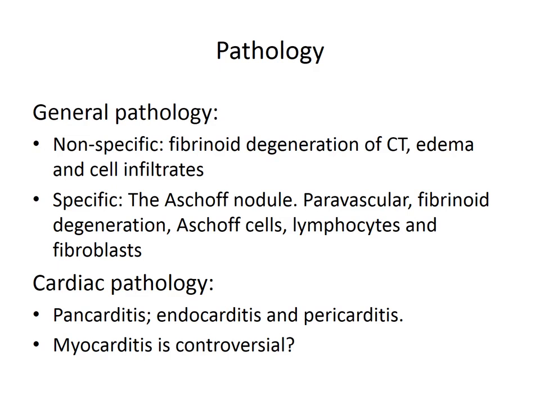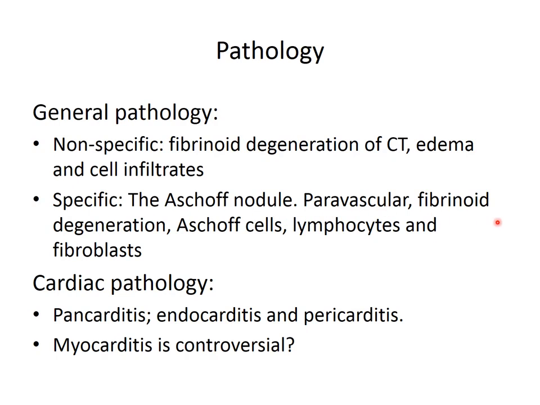Now we come to a few words on pathology. The general pathology of acute rheumatic fever is kind of non-specific: fibrinoid degeneration of connective tissue, edema and cell infiltrates. The specific pathology of the cells is the Aschoff nodule.